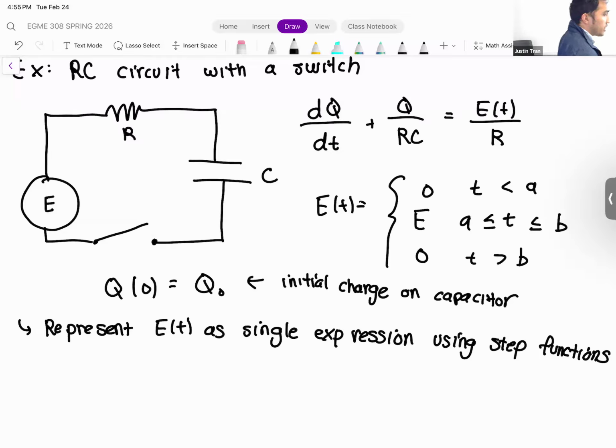Unlike the previous example, I'm going to omit the parts where E(t) is 0, between 0 and t equals a, and where t is greater than b, because those are just 0.